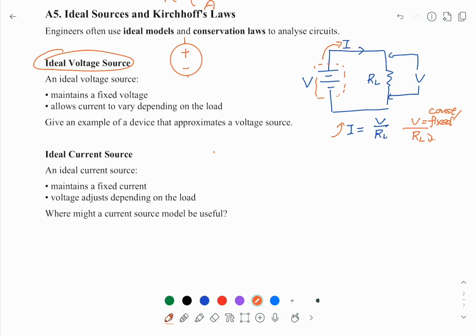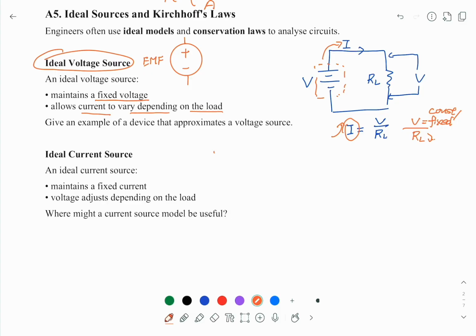And this source we label EMF. EMF is another way to say the potential difference provided from the voltage source. It will maintain a fixed voltage and allow the current to vary depending on the load. So this is the ideal voltage source.